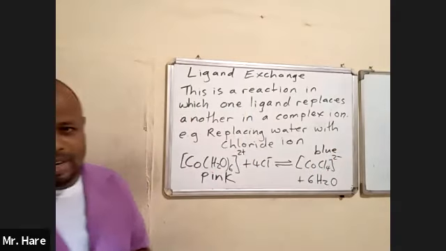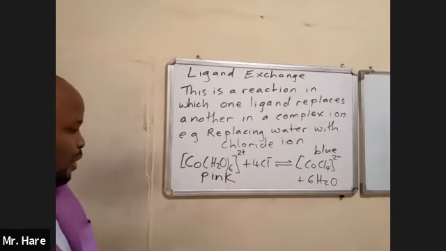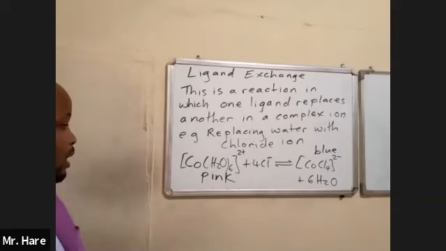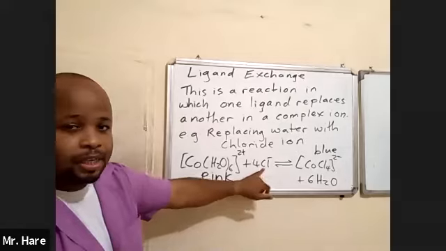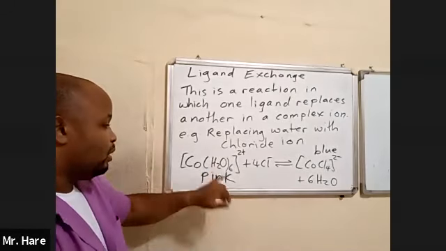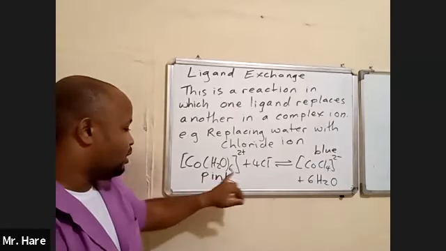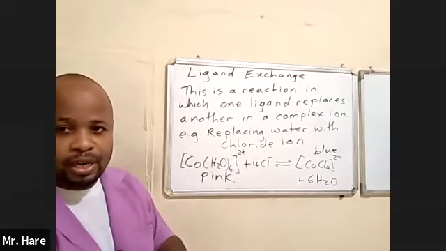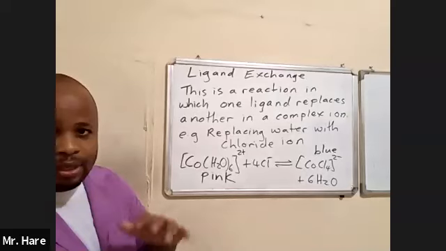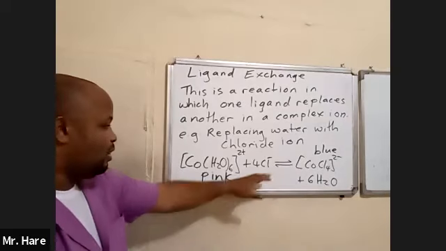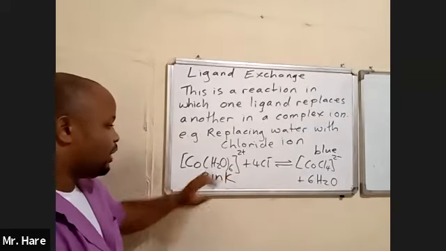In ligand exchange reactions, you will see a color change because one ligand is replacing the other. Remember, if the ligands switch, the level at which the d orbitals split will be different based on the ligand that is present.